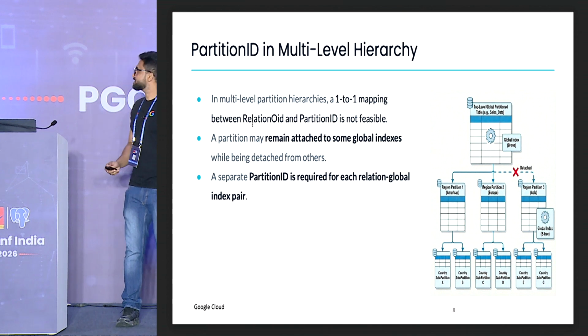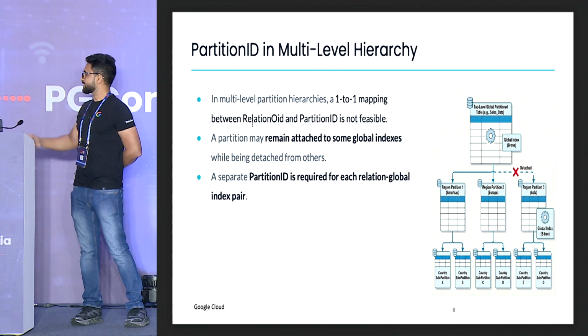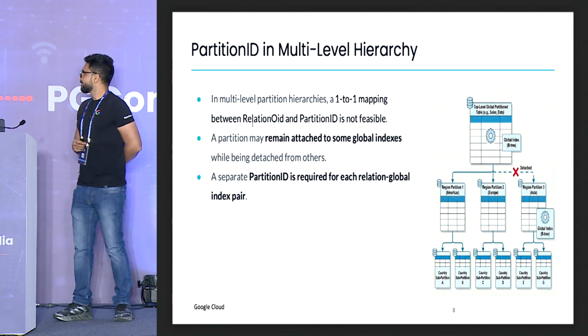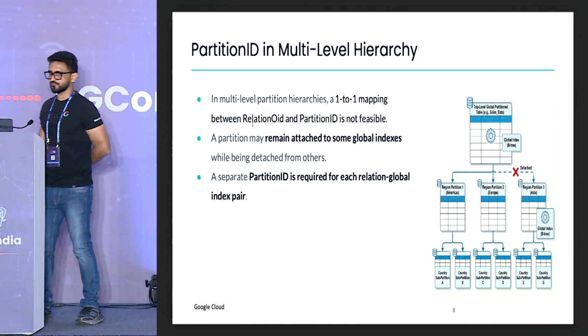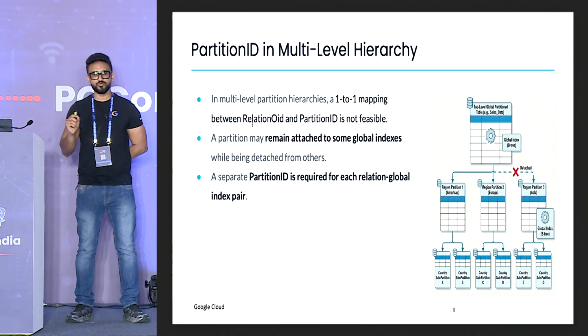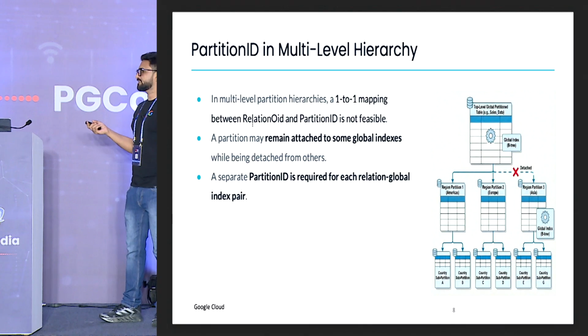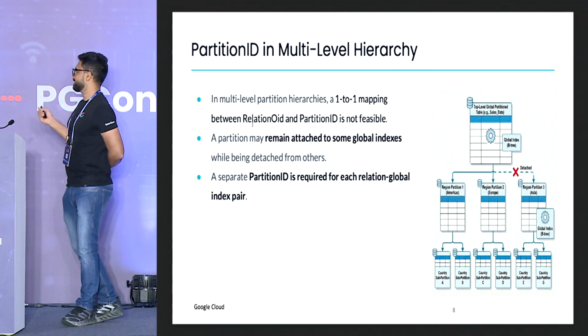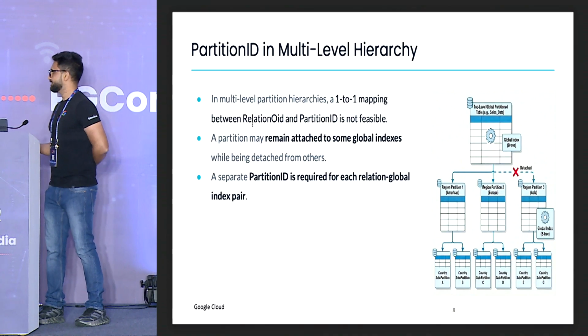And imagine you have a global index on the top-level partition table as well as the second-level partition table. One point to be noted is that we use a partition identifier only for the leaf relation, because only leaf relations contain the data, and you don't need anything for the intermediate or top-level relations because they don't have any data.